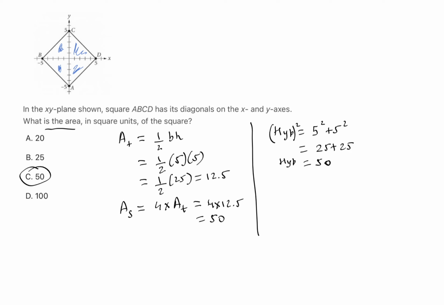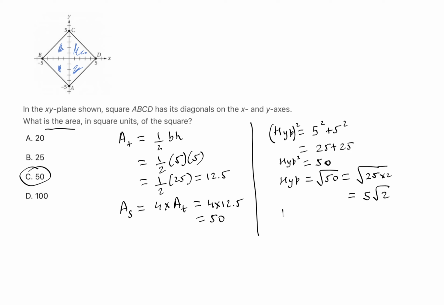So hypotenuse squared is 50, and so the hypotenuse is going to be the square root of 50, which is equal to the square root of 25 times 2, and that's equal to 5 square root of 2.